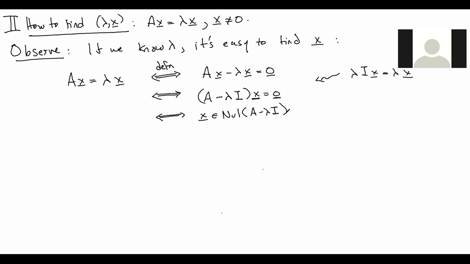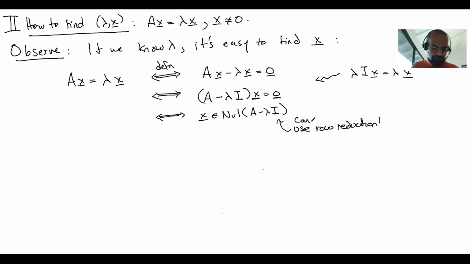Can we just use row reduction? Yeah, just use row reduction. Okay, so if you somehow know lambda, then it's easy to find all of the eigenvectors.